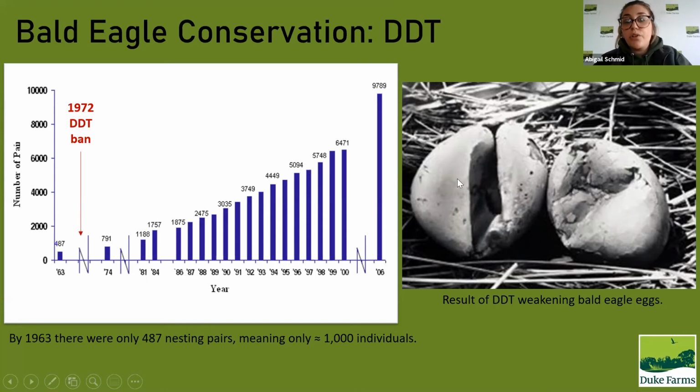Okay, so this is a result of what happened. What is really important is that we're not here anymore. We did a lot of work to increase the bald eagle population and to make sure that this wasn't going to be their fate, right? So it was really negative, right? But now it's really positive and we need to keep working towards that.